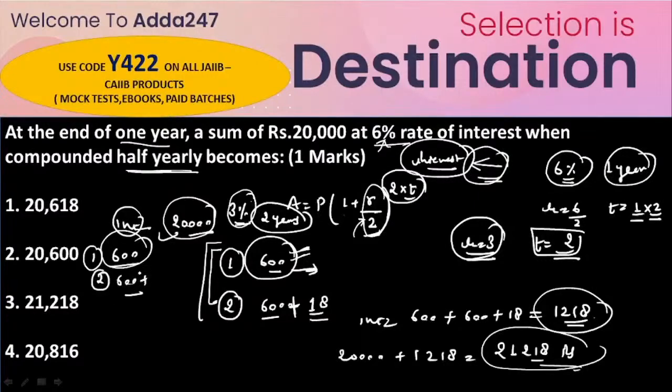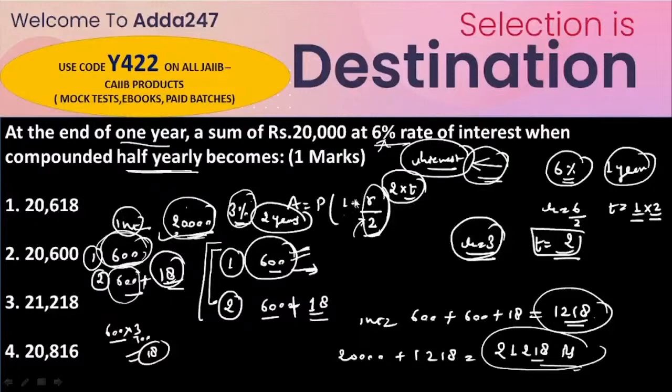But in compound interest, the interest also applies on this interest. So if we calculate that, it would be equal to 18 rupees. So just write here 18 rupees. Now just add this and you will get the interest, and add it to the 20,000 rupees, and you will get the answer.